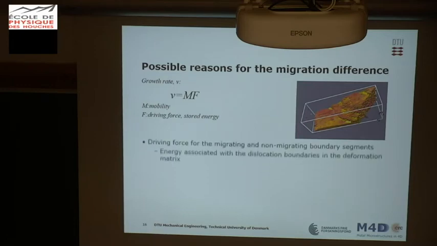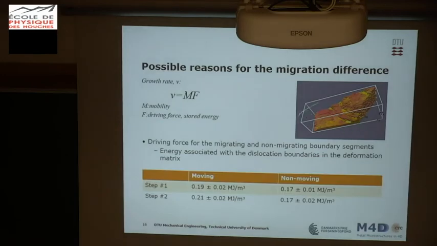We did some calculations. We call the facet the non-moving part, and the curved part the moving part. Actually, we didn't find that much difference. Indeed, non-moving ones have a little lower stored energies, but the fraction is not that much. For both steps, it's consistent.